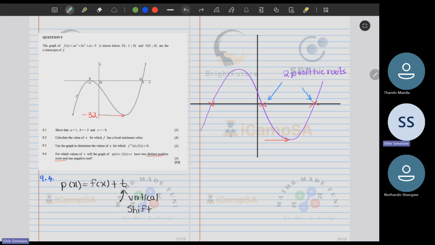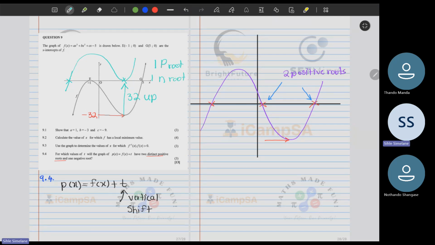Because once you move it, let's say exactly by 32 units up, the graph is going to be touching here at 0. Do you see now that we have one positive root and one negative root if we move it by exactly 32 units up? Do you guys see that?